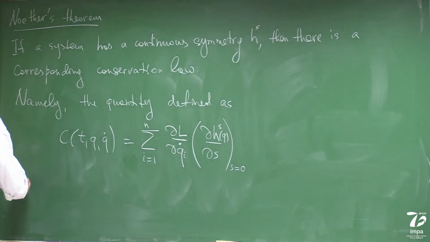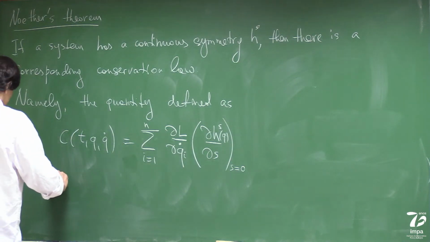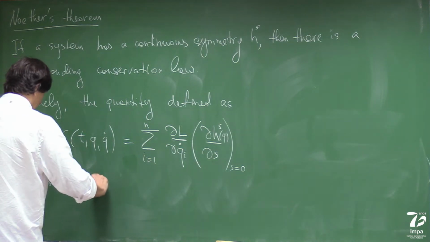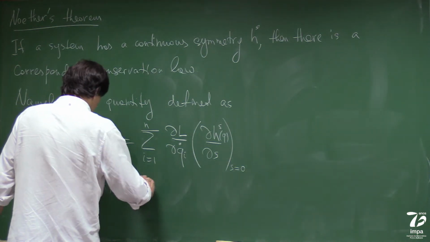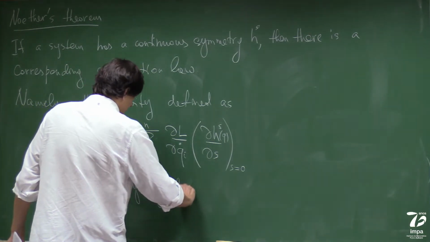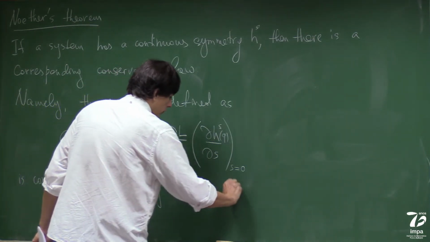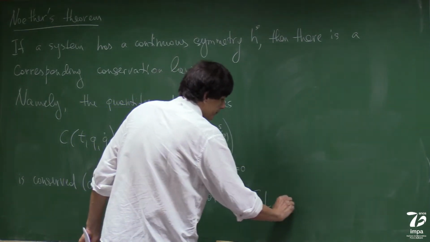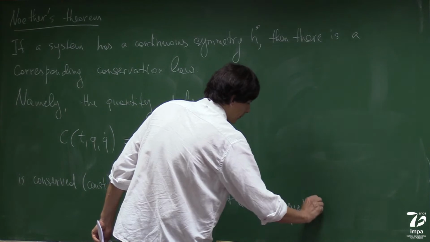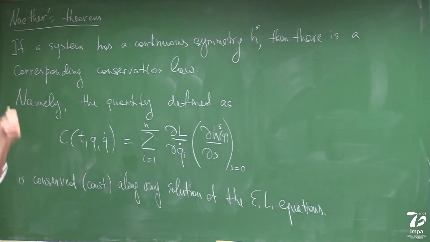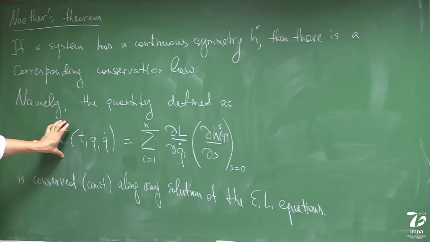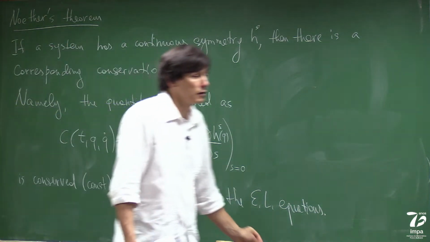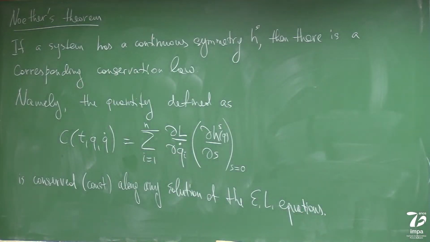This quantity is conserved, meaning constant along any solution of the Euler-Lagrange equations. So whenever you have a continuous symmetry, you can automatically write down what will be conserved. Now we will see how this conserved quantity comes from the Galilean group.